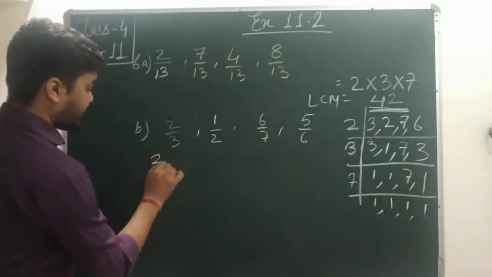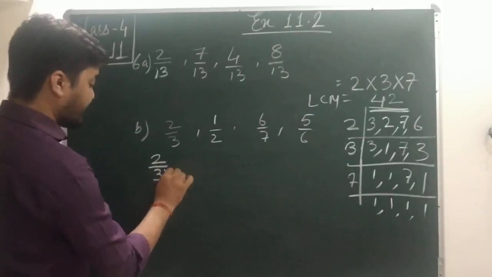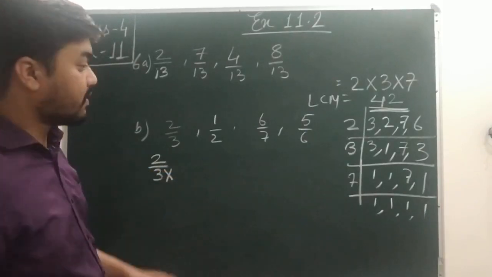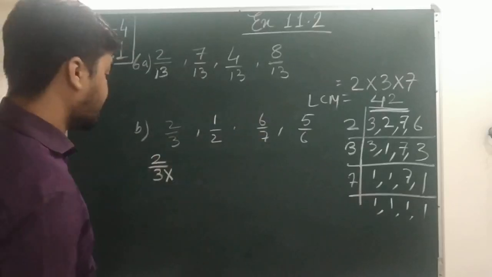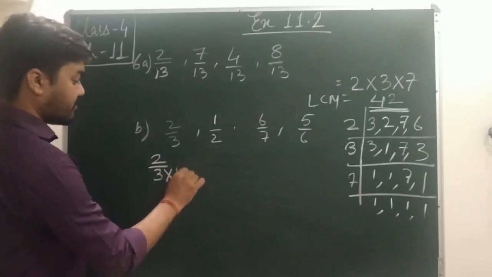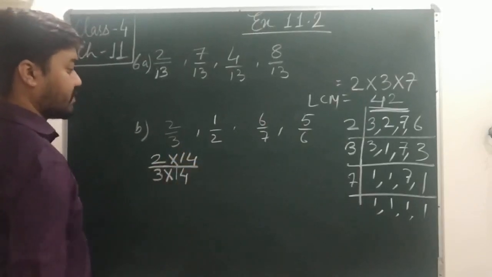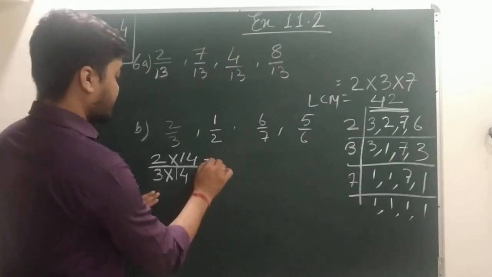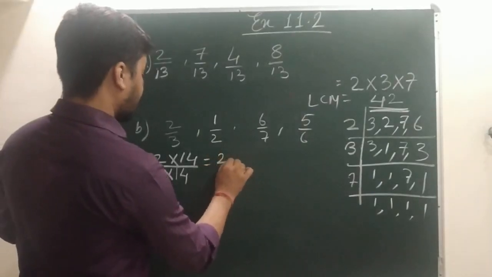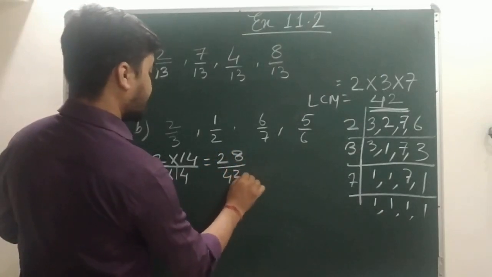Now 2 by 3. How can we make 42? We will multiply with what so that we can get 42? 14. So 28 by 42.